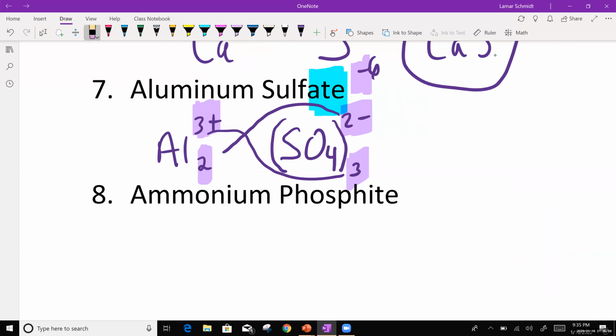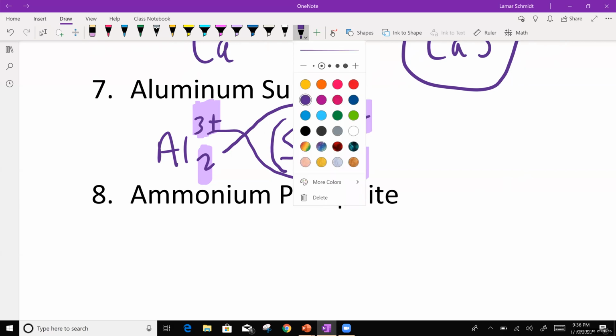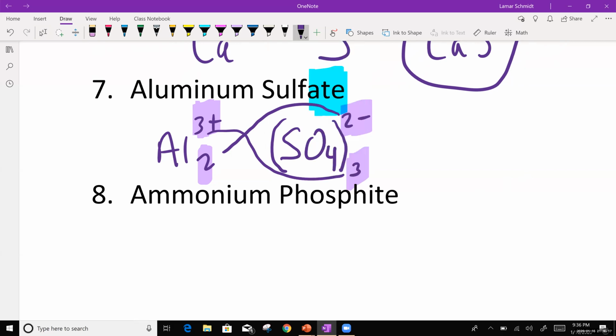So 2 times 3 is 6, and 3 times -2 is -6 for a total of 0. Okay, so you can use your picture or you can look at it that way. Pictures are going to be a little bit slow moving forward though.